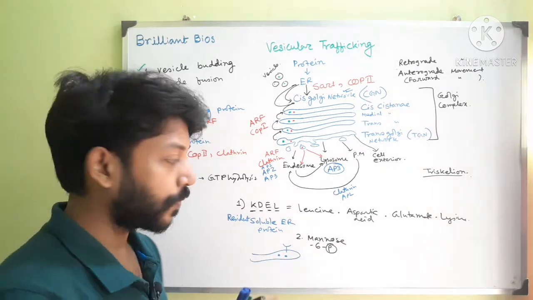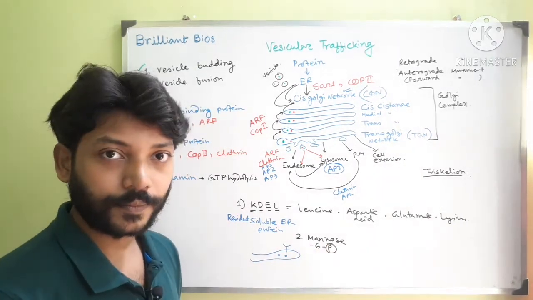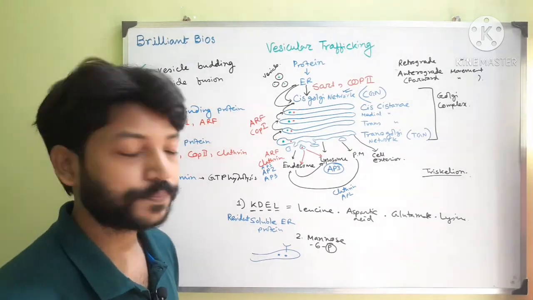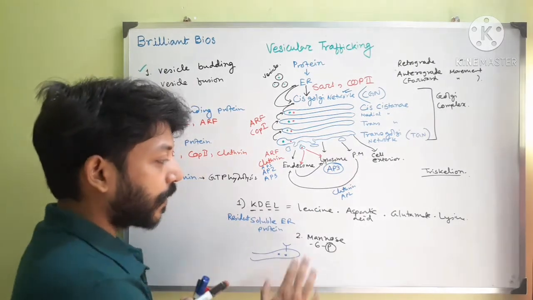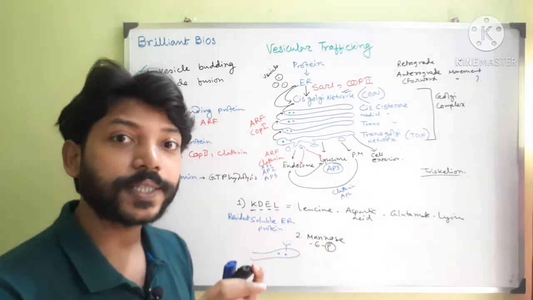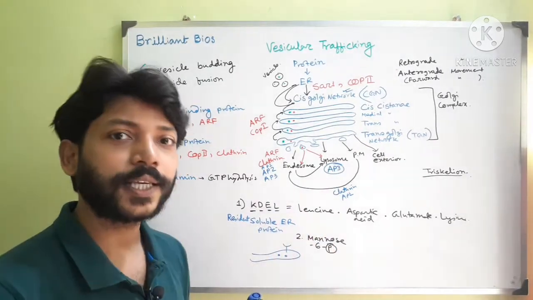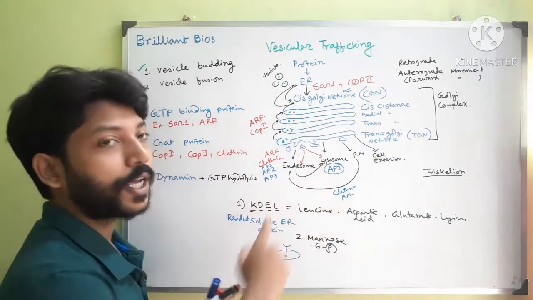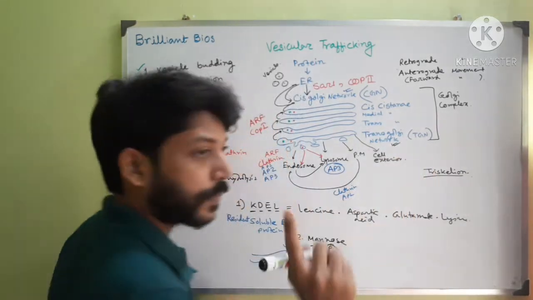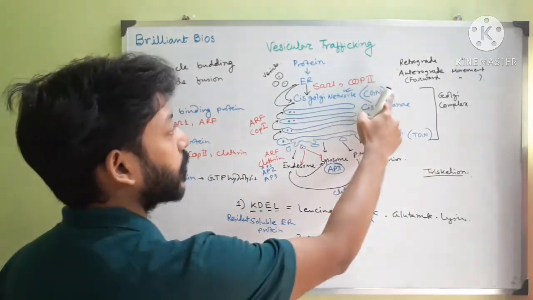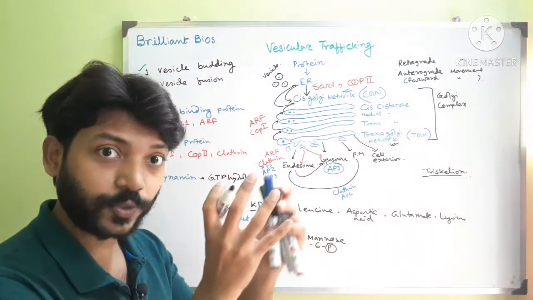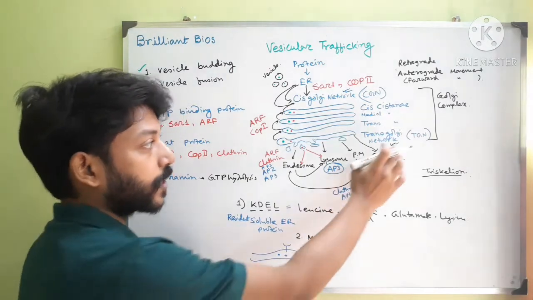At that 6th carbon, a phosphate group is added by a special mechanism involving N-acetylglucosamine transferase. I am not going into details, but the mannose 6-phosphate is a tag. If any protein has this tag, it is destined to reach the lysosome, and this receptor is present in the trans-Golgi network. You must remember, the KDEL receptor is present in the CGN, while the mannose 6-phosphate receptor, which can bind this protein, is present in the TGN.